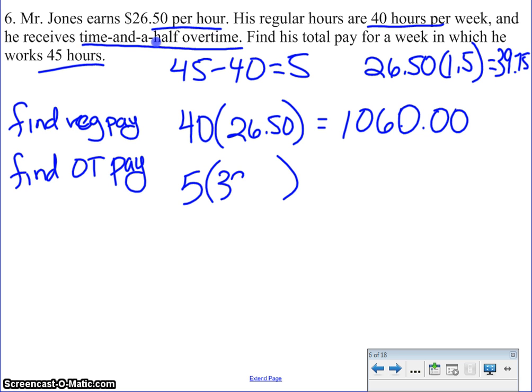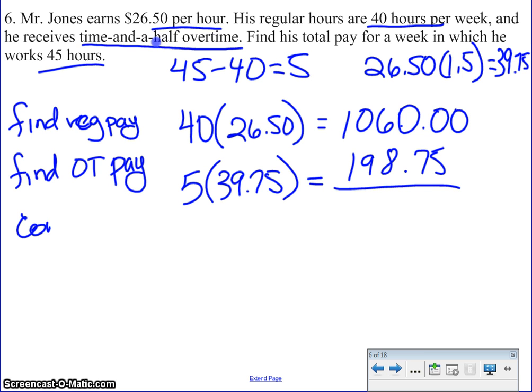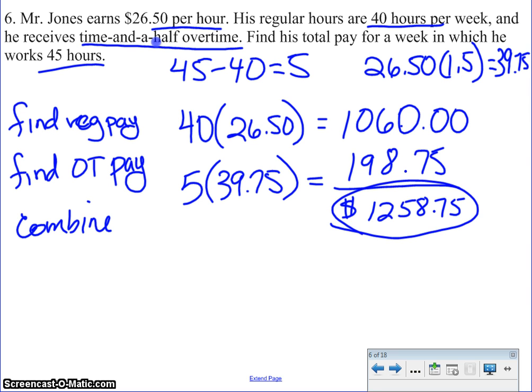So we're going to take the $39.75 and put it in there. When we multiply it together, we get $198.75. And my last step is to combine. So 1,060 plus the 198.75 gives me a total of $1,258.75 is his total pay.